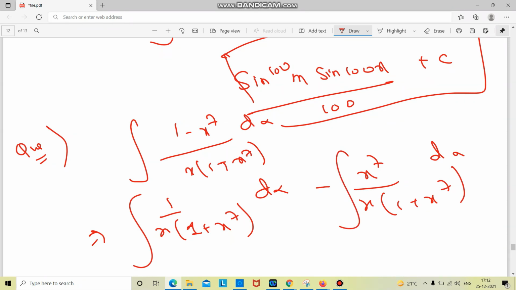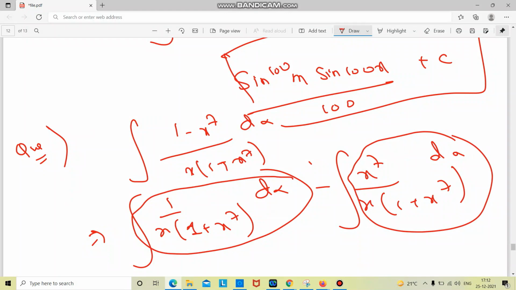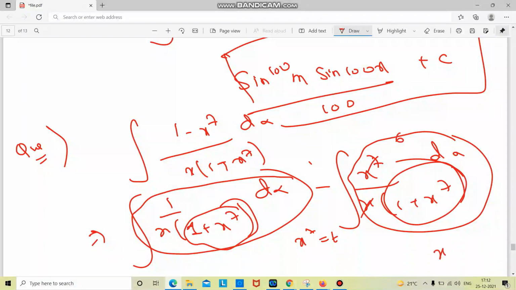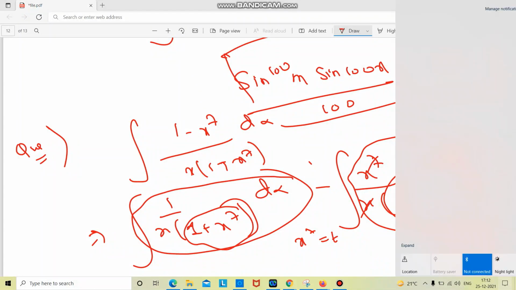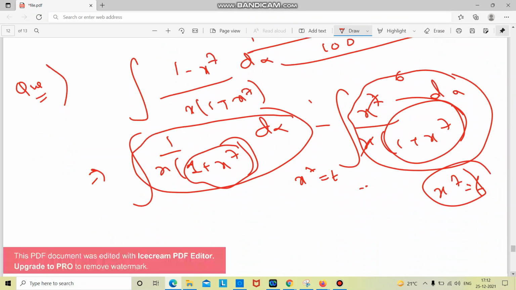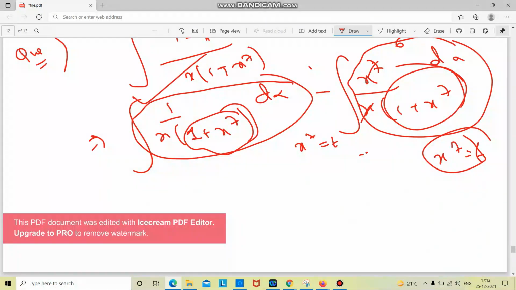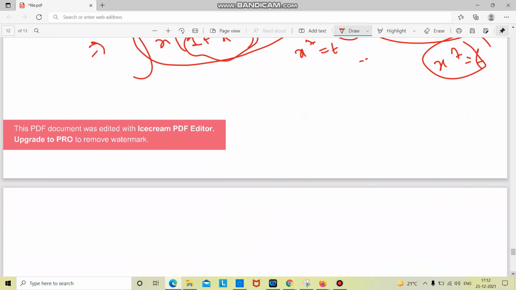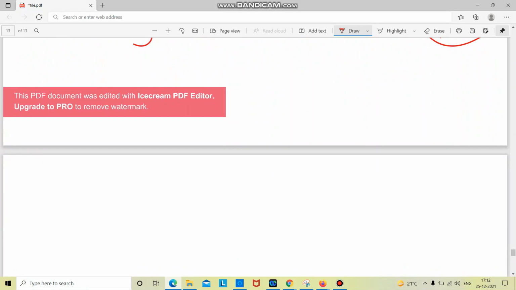We can do the integral of this part as one sum and this part as another sum. So in this, you have to take x to the power 7 as t, and this also you have to take x to the power 7 as t, and you can easily solve. We have done this question previously also, so you won't be facing any trouble in solving these. We will take one more question and we will be ending today's session.